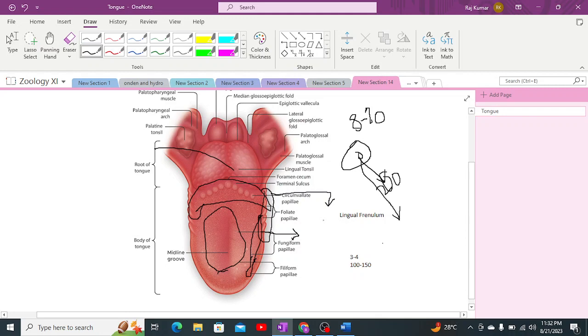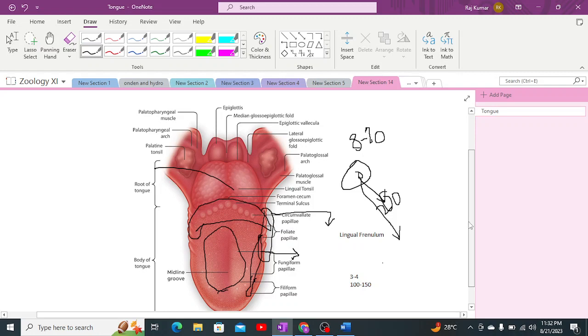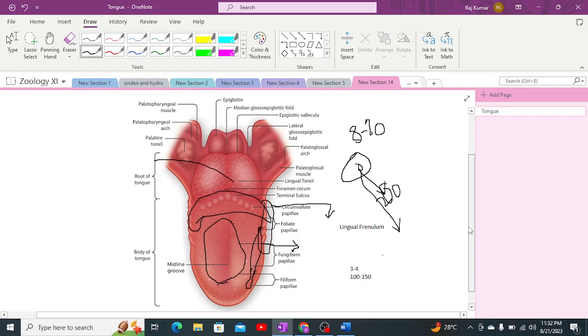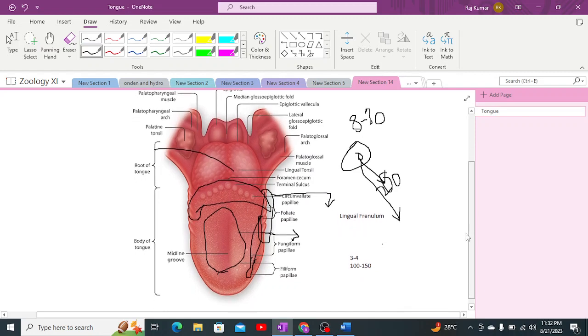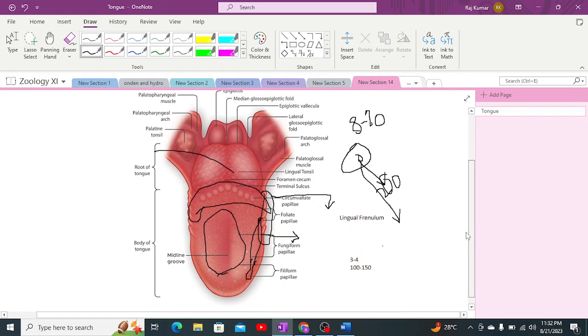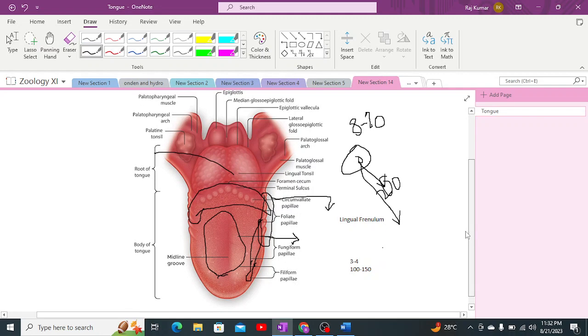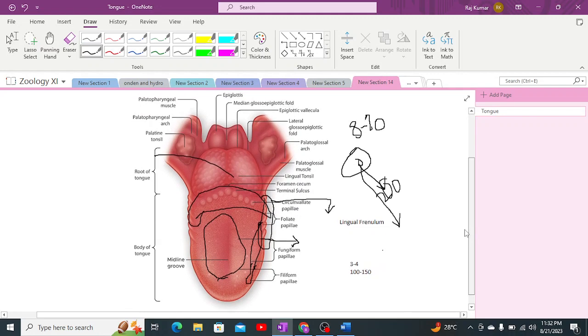And if these are present inside the human's body, for suppose in children, this is present. Otherwise, the largest quantity is filiform papillae if the foliate papillae are absent.